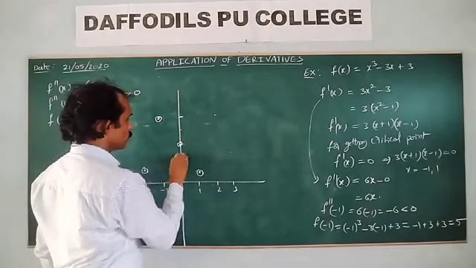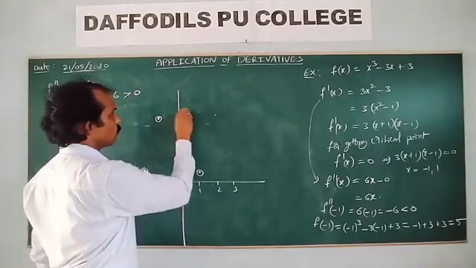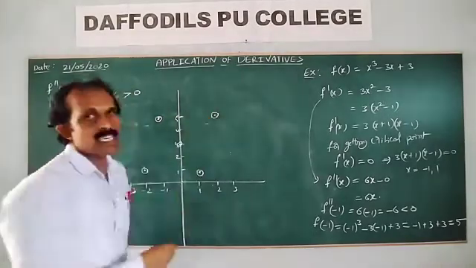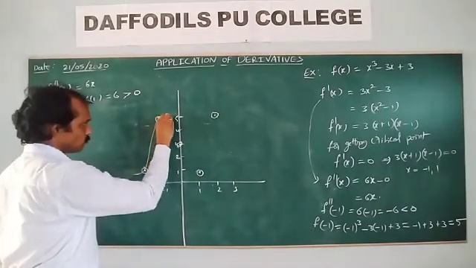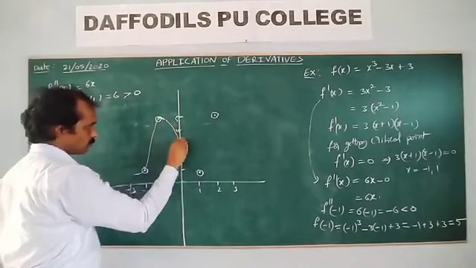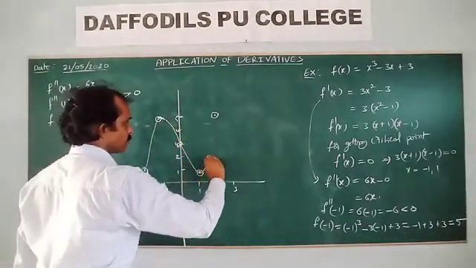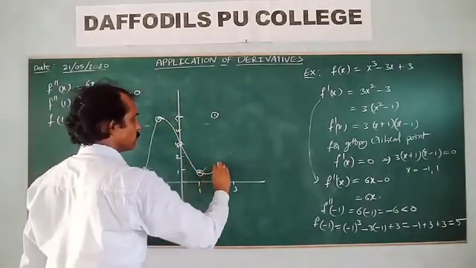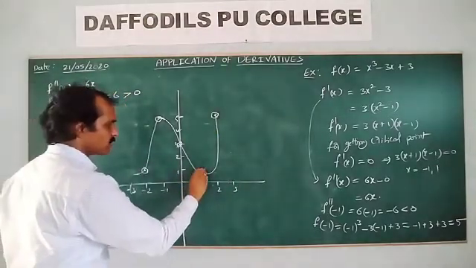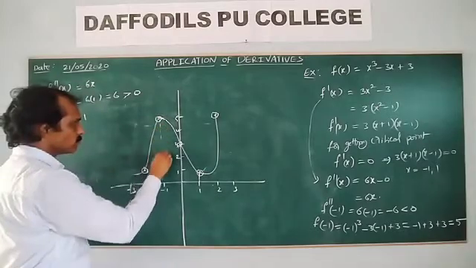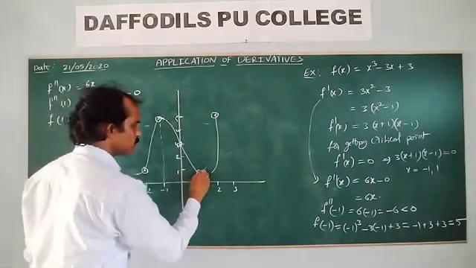This is 1, 2, 3, 4, 5. Just examine the graph like this. Okay, got critical points 1 and minus 1.